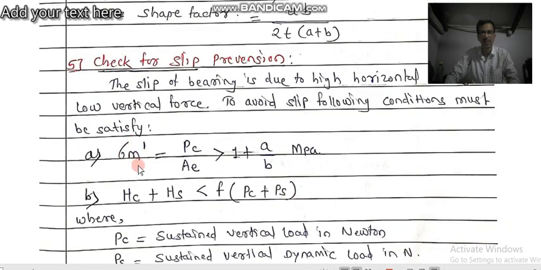That is sigma m dash, equal to PC by AE, must be greater than (1 plus A by B) times A by B, that is in Newton per mm square. And the second condition is HC plus HS must be less than F times (PC plus PS).